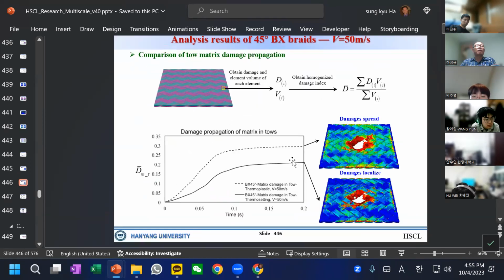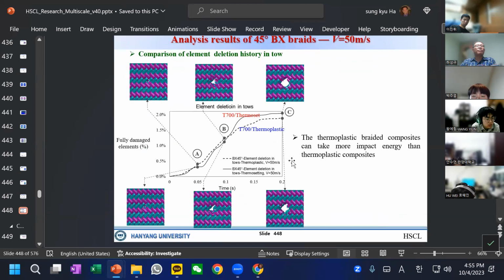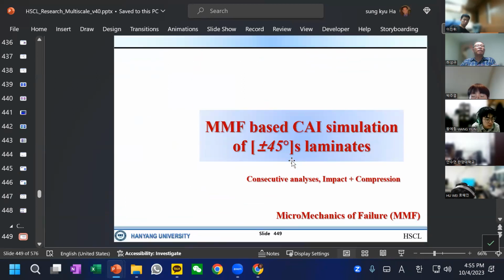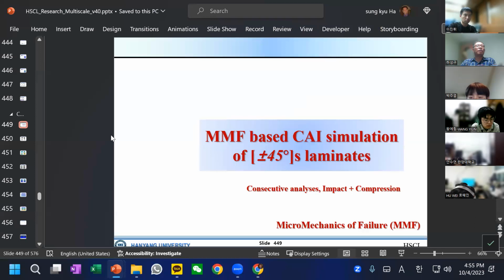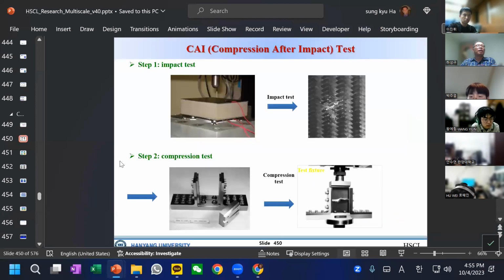With all this kind of simulation behavior, now you see the CAI, compression after impact. Compression after impact is an important behavior of composite structures, where there can be an impact and then you can have damage.